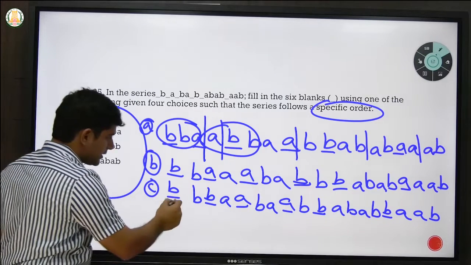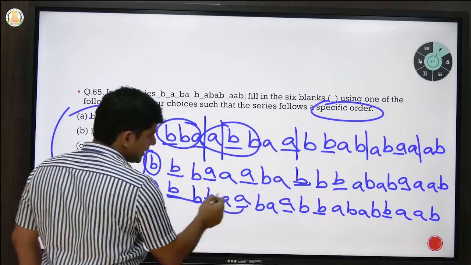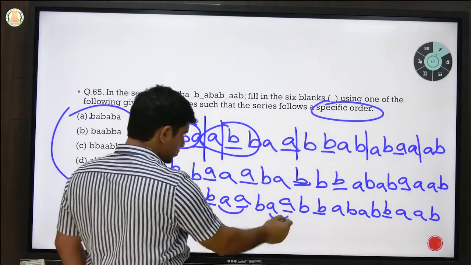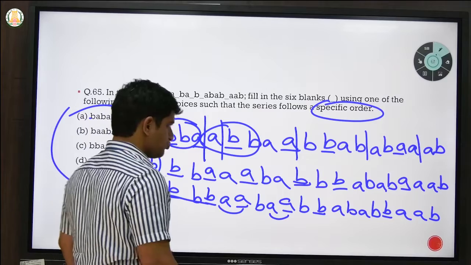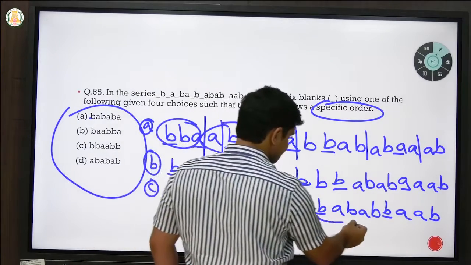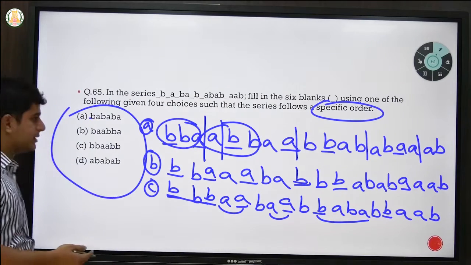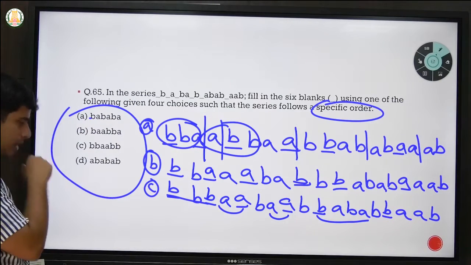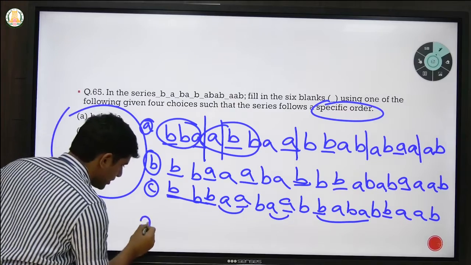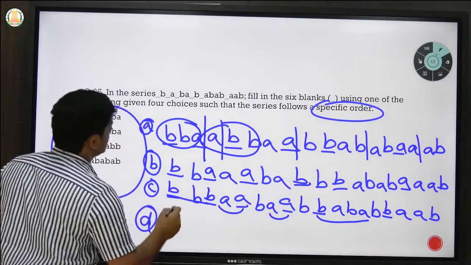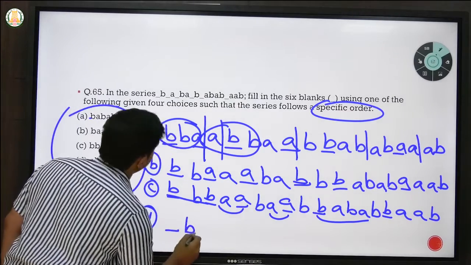It says there are 3 B's, then there are 2 A's, then there are again 2 A's here. No, at least I can't find a pattern. Can anyone find a pattern here? Okay, let's keep this also on hold. Let's see option D. Okay, B.